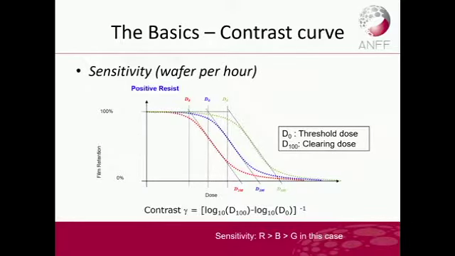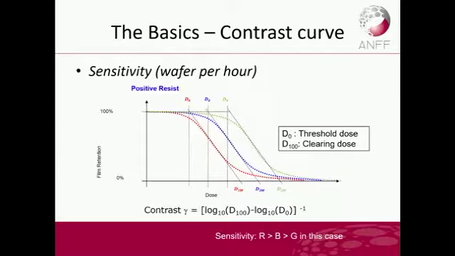Which brings us to another topic, an important property of resist, the contrast curve. Each resist has a sensitivity factor. This is usually referred to as the ratio between the resist that's fully intact and the resist fully developed. If you look at this chart, it's basically a plot of film thickness remaining versus dose.